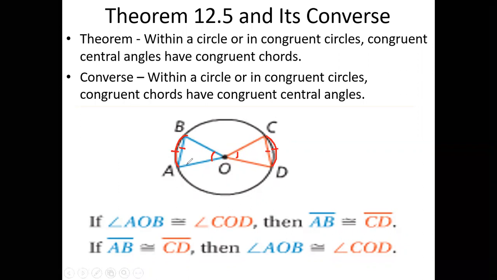That is, if angle AOB is congruent to angle COD, then chord AB will be congruent to chord CD. Now the converse is, if chord AB is congruent to CD, then its central angle AOB will be congruent to angle COD.